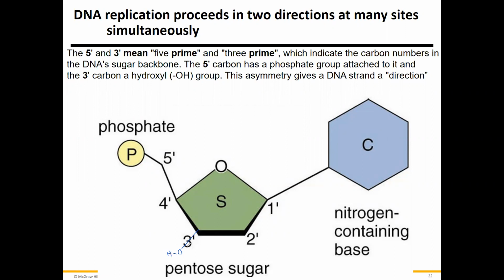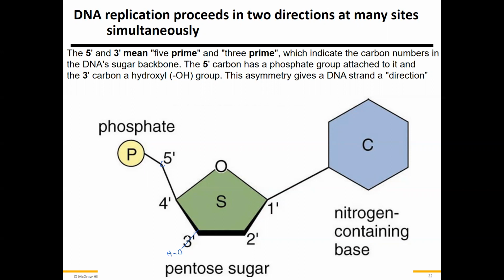There's an OH group. This is just the way the molecule is in nature, a nucleotide. And then the 5' carbon up here always holds the phosphate. So the 1, 3, and 5 carbons are busy, and we know what is bonded to them in a nucleotide.